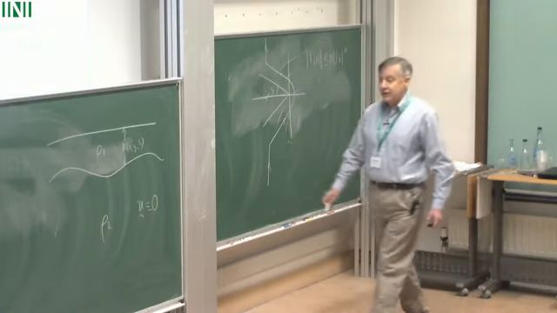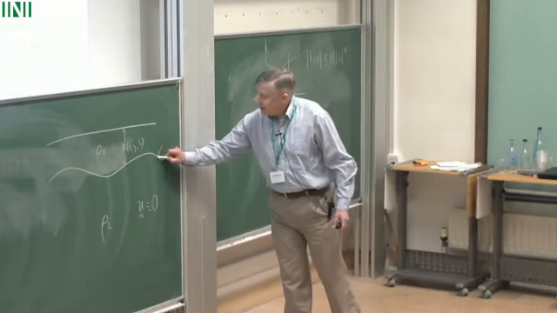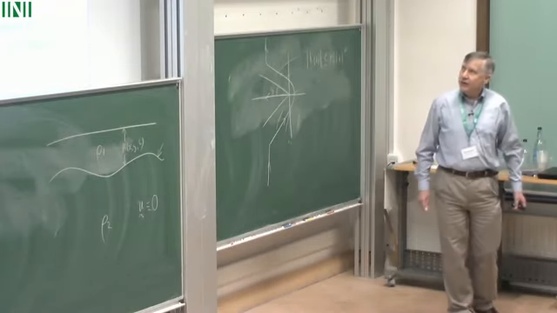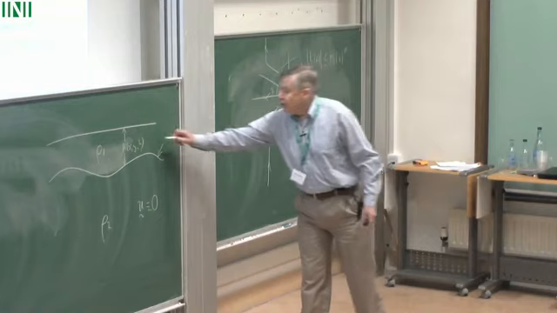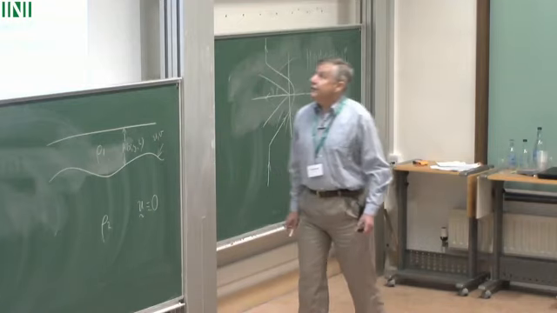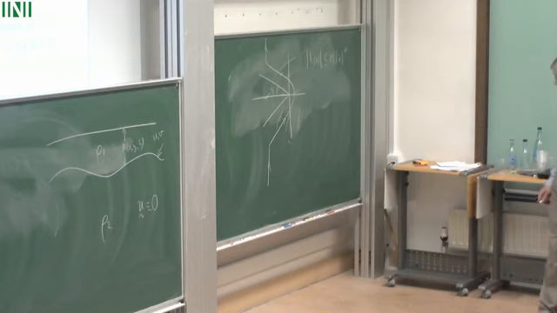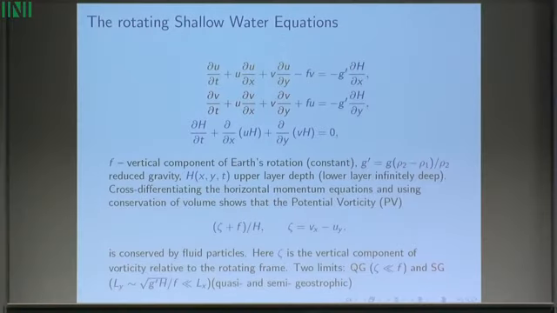And what we'll discuss is the dynamics of this interface here. So those are your governing equations for the velocities u and v in the upper layer, and h, the thickness of the layer. They're actually, I think you know, isomorphic to the compressible Euler equations.